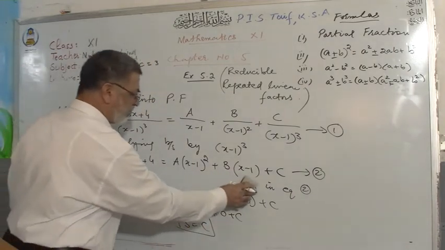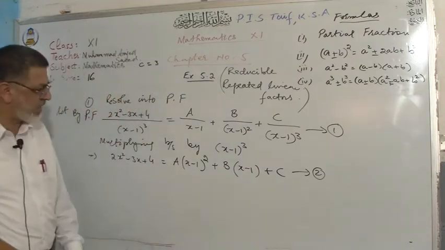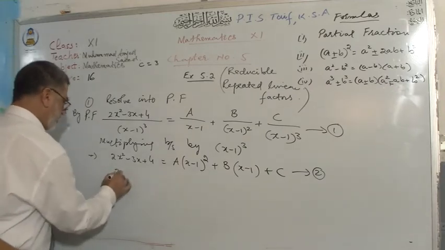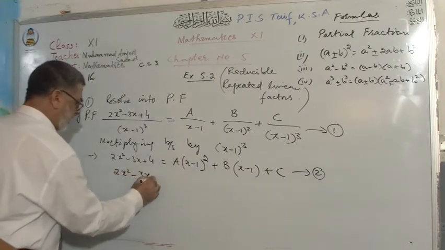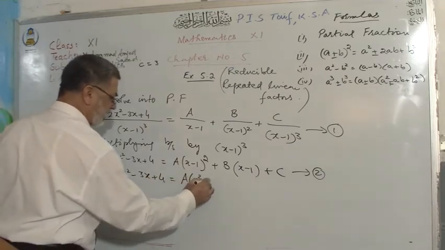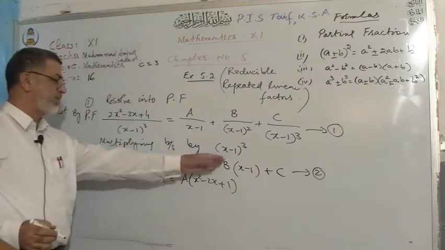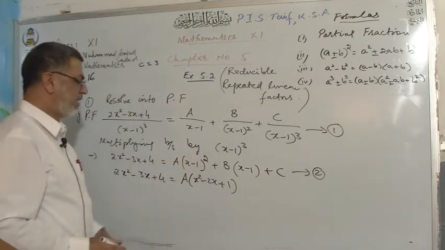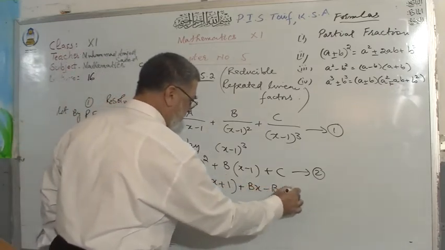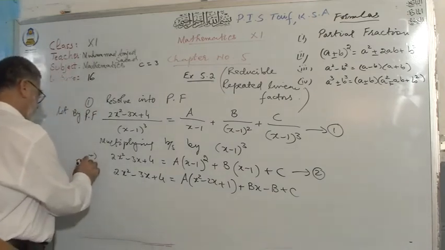In case of the comparison method, you will check this question, and I hope that you will understand easily. 2x square minus 3x plus 4 is equal to a into x square minus 2x plus 1, opening up the square formula, open up the brackets, bx minus b plus c.